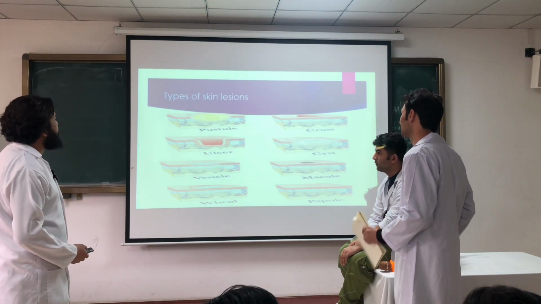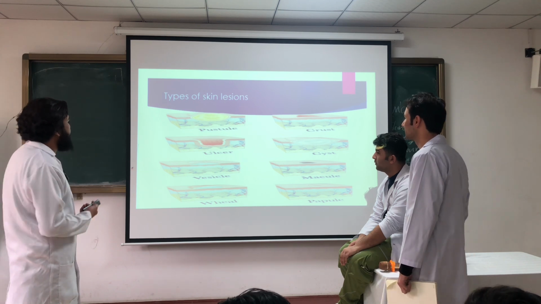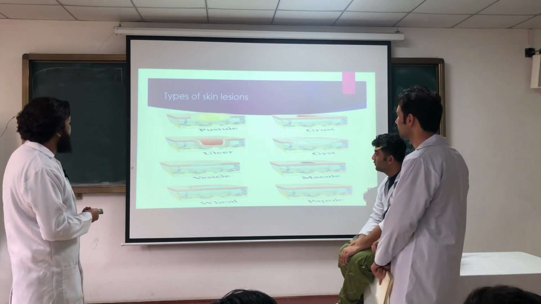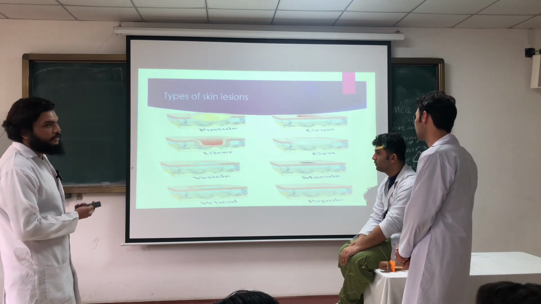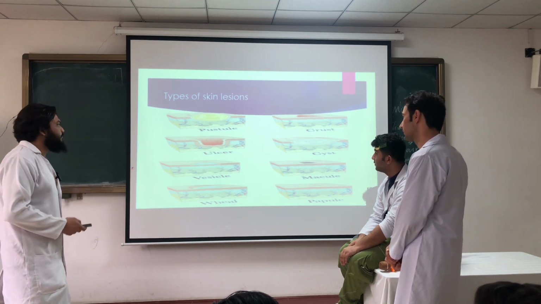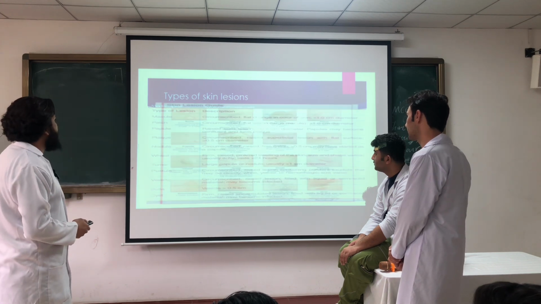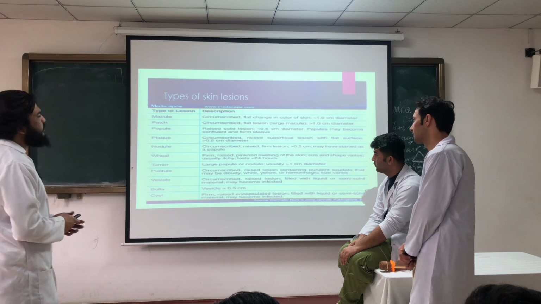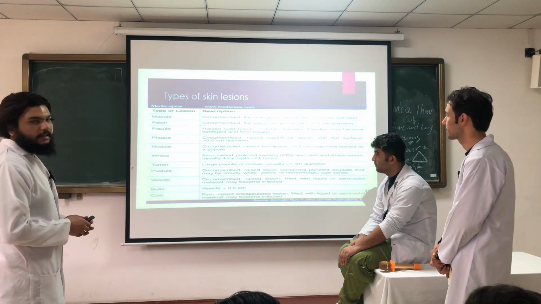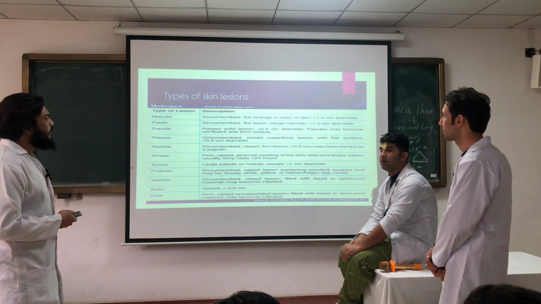Then we have the types of skin lesion like pustule, ulcer, vesicle, wheal, papule, macule, cyst, and crust. We'll be discussing them further. The macule is a circumscribed flat change in color of skin, less than 1 centimeter in diameter.